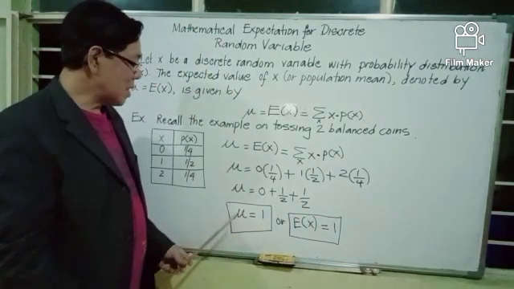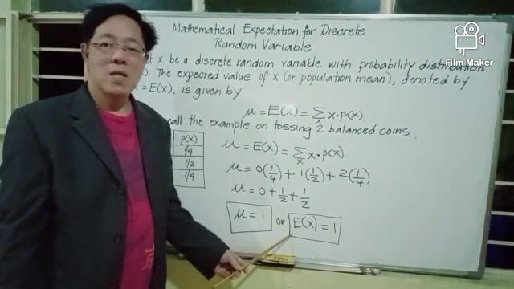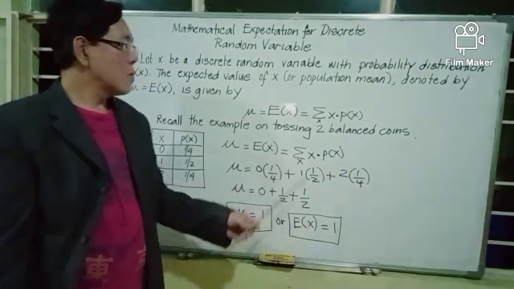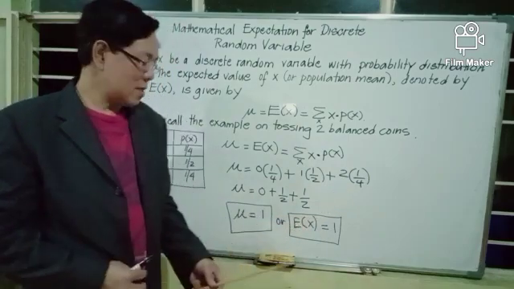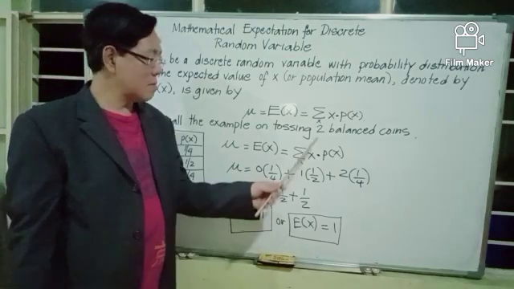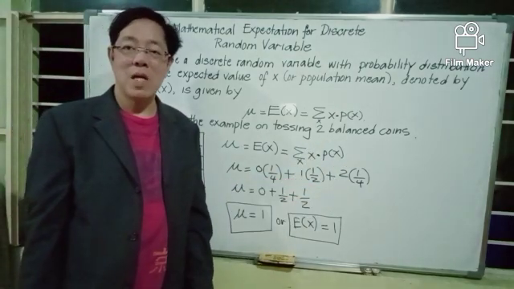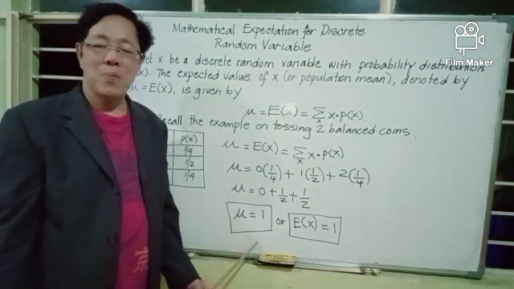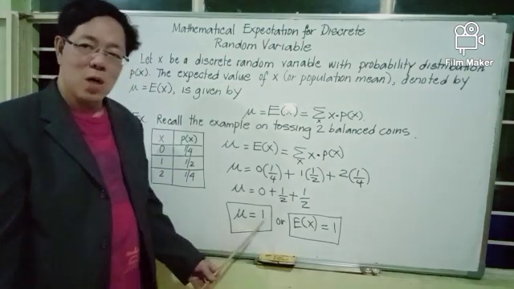This is the mean of the discrete random variable x, or the expected value of the random variable x, representing the number of heads when tossing two balanced coins. And what does this mean? It means that if you toss the two balanced coins many times, such as 1,000,000 times, then the average of the values of the discrete random variable x, or the mean, is 1.